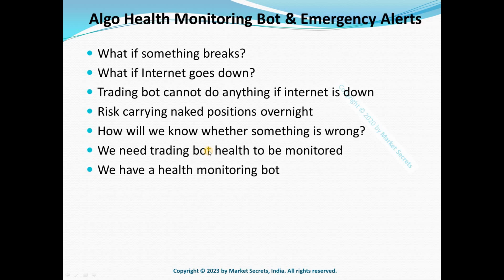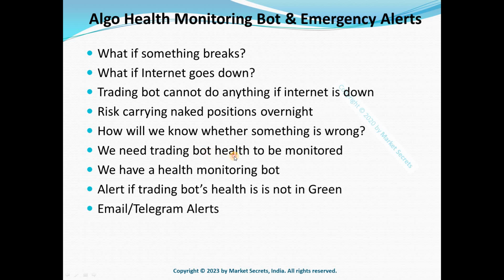And when it comes to health monitoring, if something breaks, for example, your internet might go down. The trading bot that we build works on the internet, so the bot won't be able to do any communication. So to monitor this trading bot, we'll also be developing an emergency alert bot.